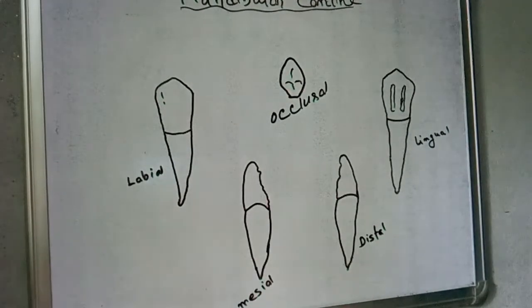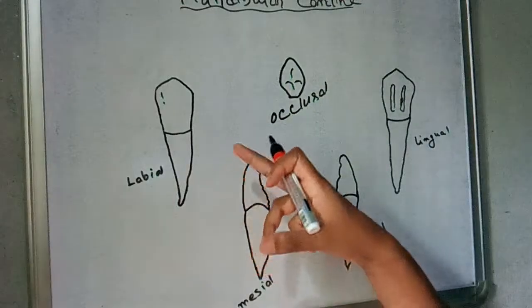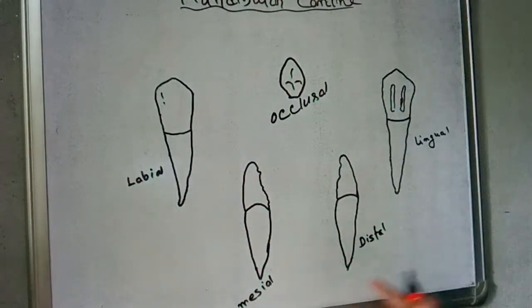Now let's talk about the morphology of the mandibular canine in the labial, lingual, mesial, and distal aspects. The crown of the mandibular canine is narrower mesiodistally than that of the maxillary canine.